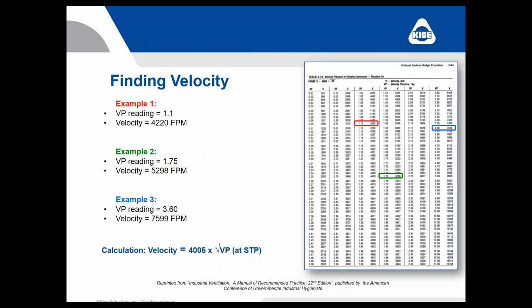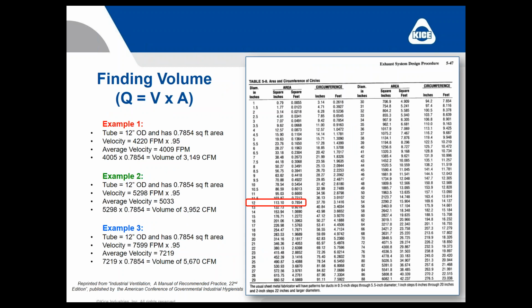Now, finding volume from these 3 examples. Example 1, we're going to assume that the tube was 12-inch OD, and by doing our math, we've got a square footage of 0.7854. So my velocity that I measured, 4,220, times my average factor of 0.95, since it's above 8 inches, my average velocity is 4,009 feet per minute.